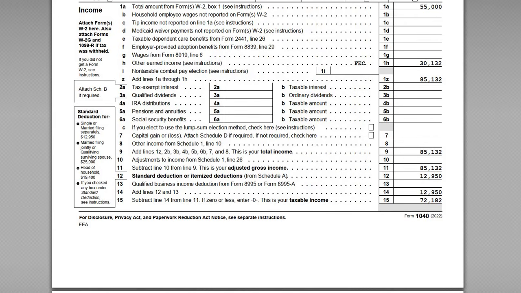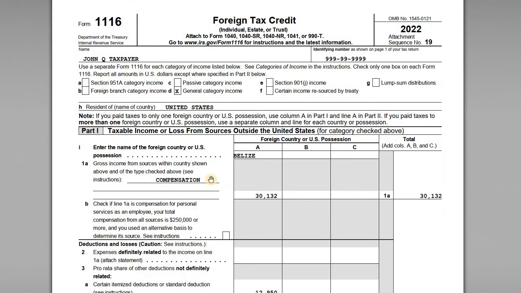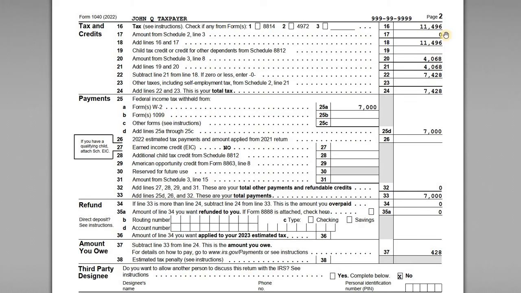Now, what does he do with the 1116? So this is where the foreign tax credit really comes into play and helps. If we look at page 2 of John's 1040, we can see the total tax being calculated, $11,496. That's on all the earnings, right? So John is asking himself, well, wait a minute, I paid a lot of foreign taxes on those Belize earnings.